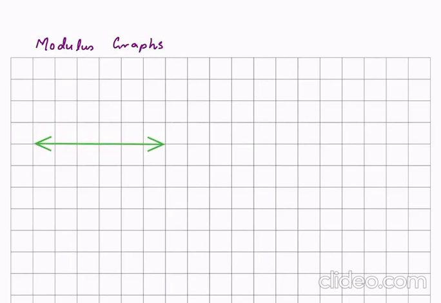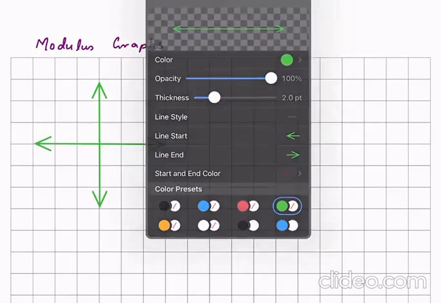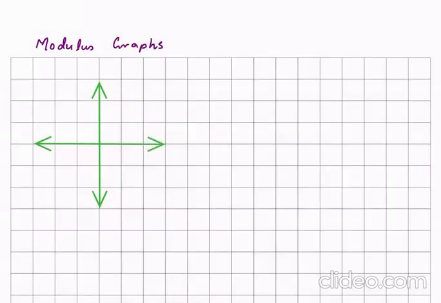Okay, let's say this is the x-axis and this is the y-axis. So this is basically the graph of y equals mod x.